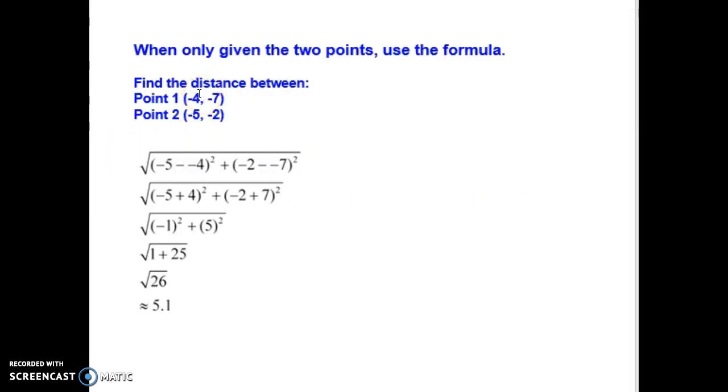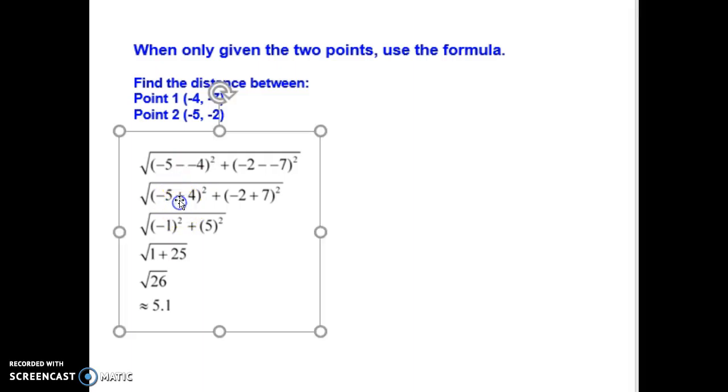So we have -5 minus -4. Then we have y2, which is the -2, and our y1 is the -7. So we have -2 minus -7. Anytime we have two negatives that are subtracting each other, we make it a positive. So this is where the positive comes in on both of these.